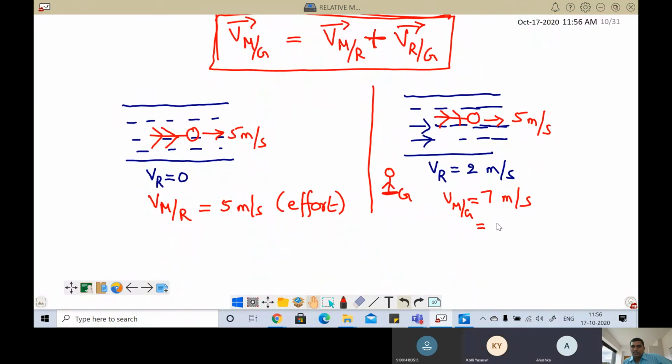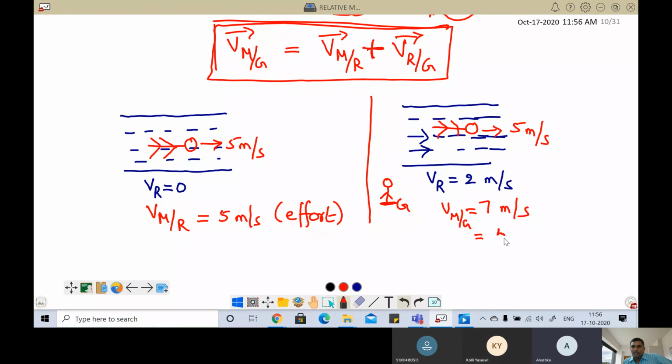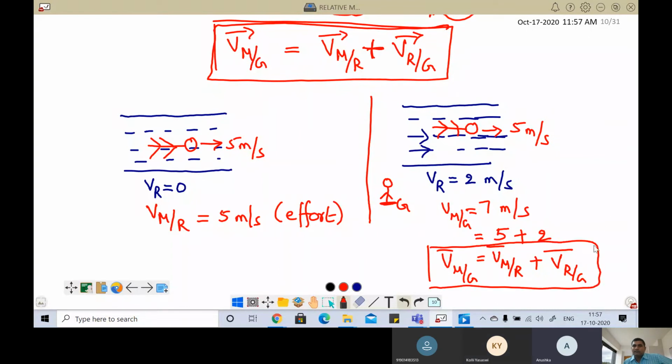This 5 is his own effort, the velocity of man with respect to river. This 2 is the velocity of the river with respect to ground. Which is equal to 7, the velocity of the man with respect to ground. Are this equation and this equation the same or different?